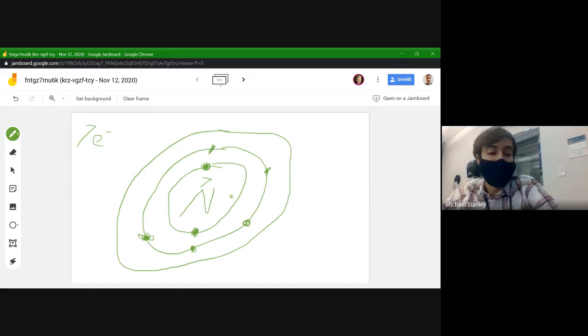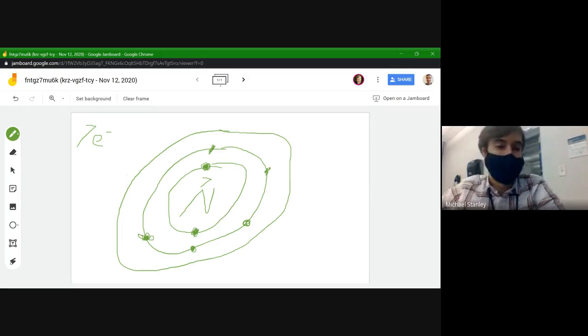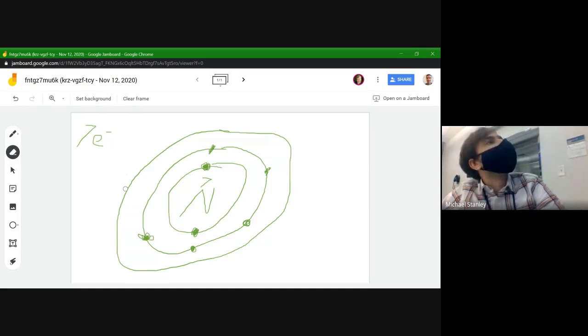So do we need to put any electrons on the third ring for nitrogen? No. No, precisely, correct. So nitrogen does not have a third electron ring. I purposely put it up there to see if I could trick you guys, but you guys are too smart for me. So nitrogen only has the first 2 electron rings because that's all that it needs.